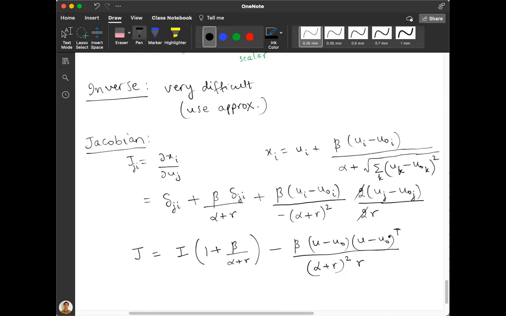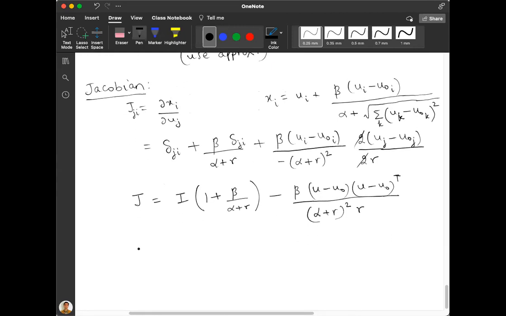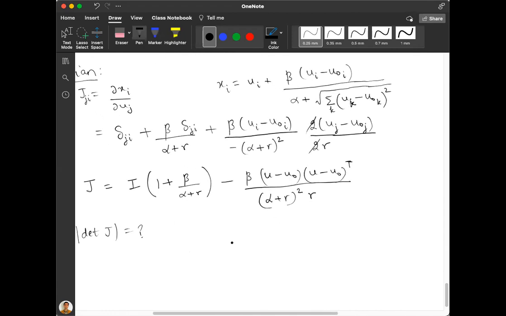That's the whole derivation. Now we have to compute the determinant of this Jacobian, and the mod as well. This is now complicated, so I'll be using some identities here, which are properties of the determinant.